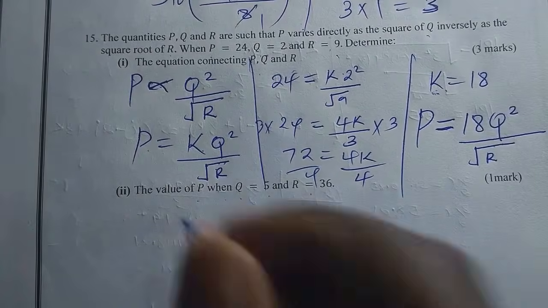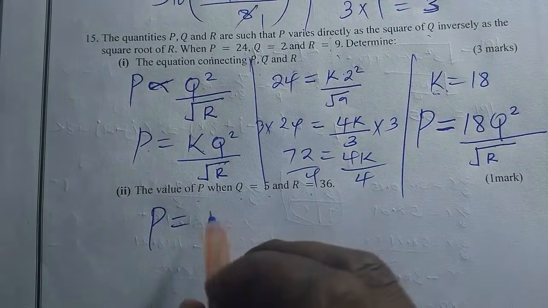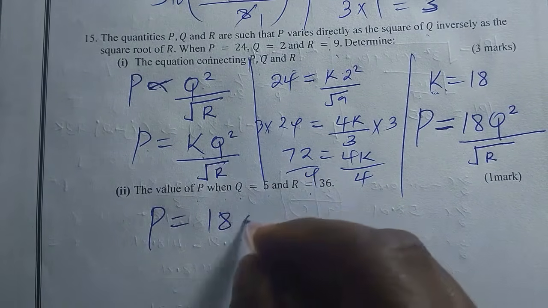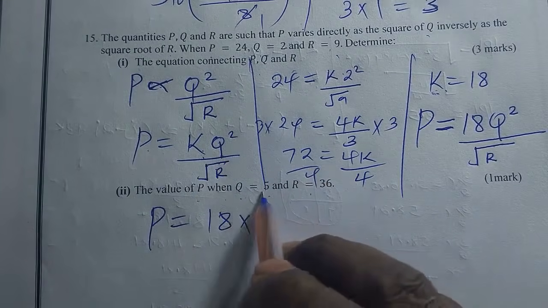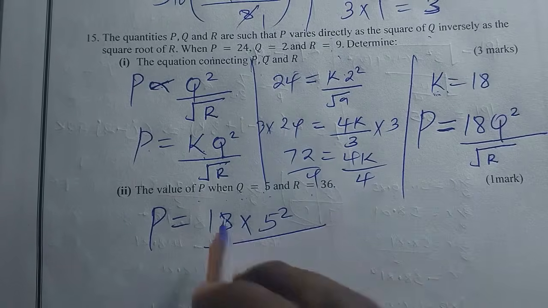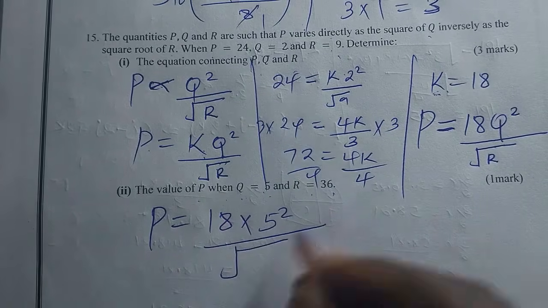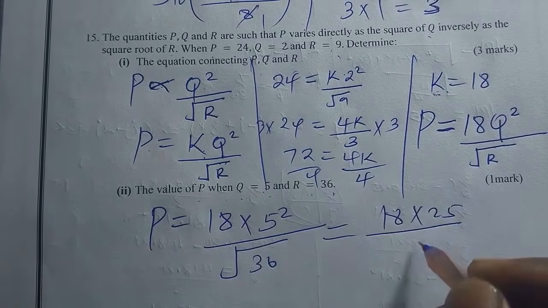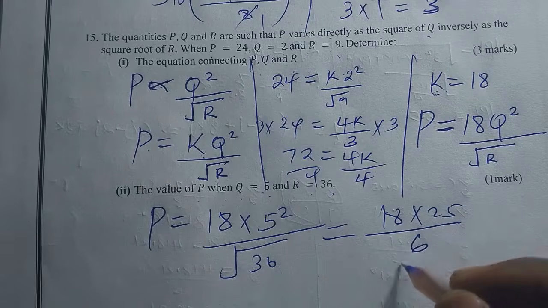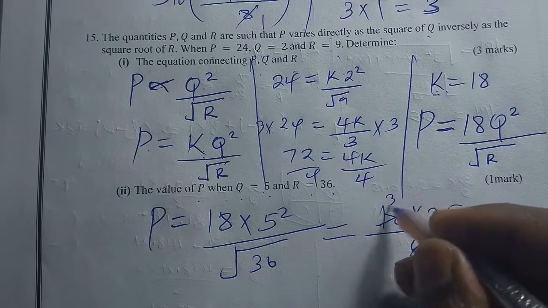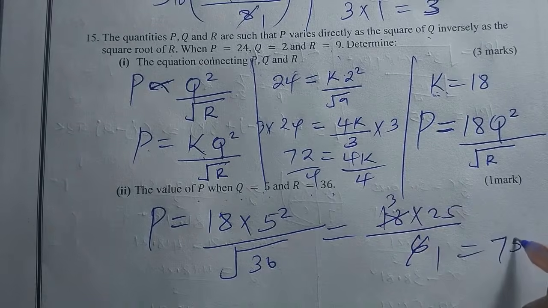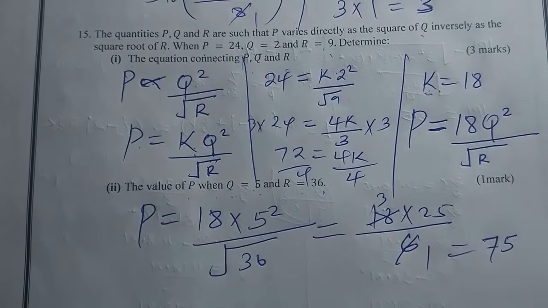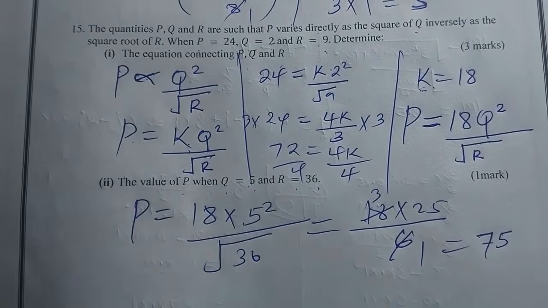So P is equal to K, which is 18, times Q squared, that is 5 squared, over the square root of 36. That is 18 times 25 divided by 6. 6 into 18 is 3, and that is 75.